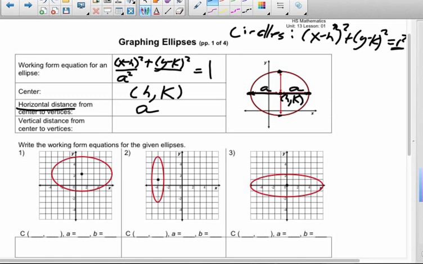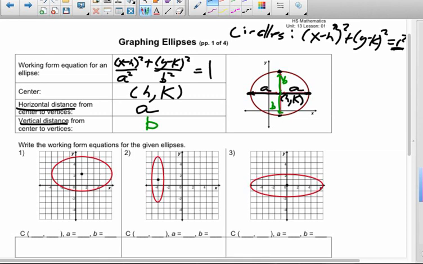Okay, so now let's deal with the vertical distance from the center to the vertices, which is this thing, and we call that B. So the vertical distance is B, and in our formula we put it underneath the y, and we square it like we did with radius.